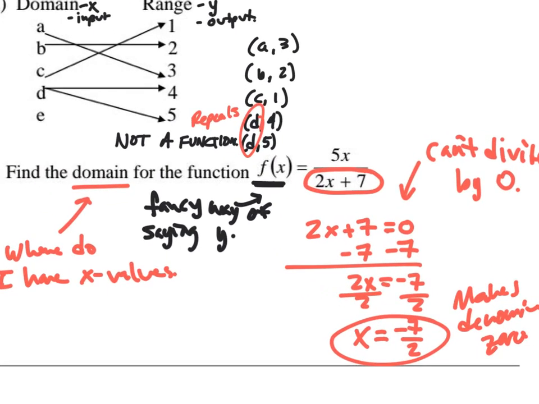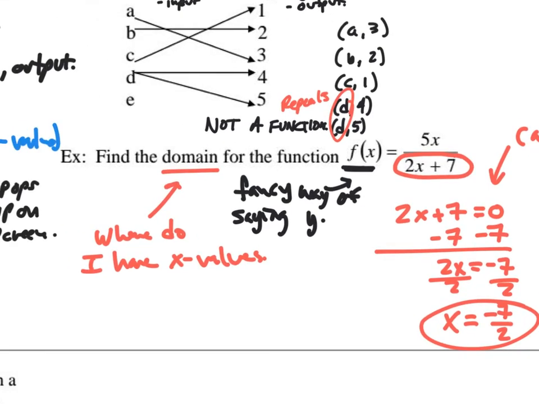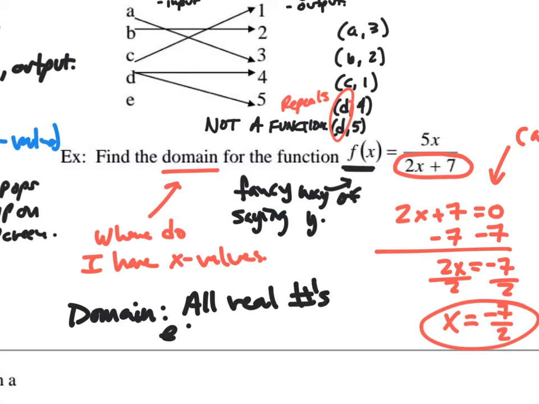So my domain for this function is all real numbers except x cannot equal negative 7 halves.